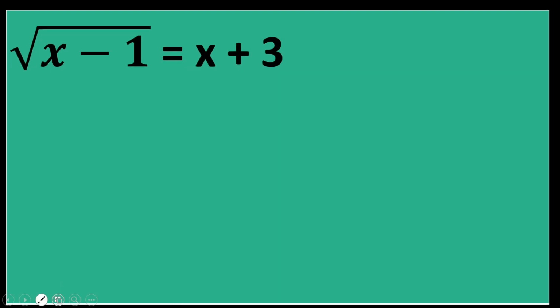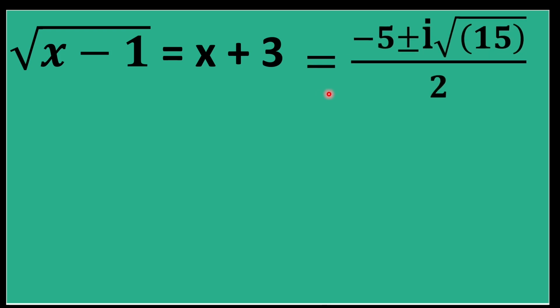So our given equation was square root x minus 1 equal to x plus 3, and it has two solutions, that is minus 5 plus minus iota under root 15 divided by 2, and both the solutions are complex numbers. That is, complex solutions. So there is no real solution of this given equation. So these two are complex solutions of this given equation.